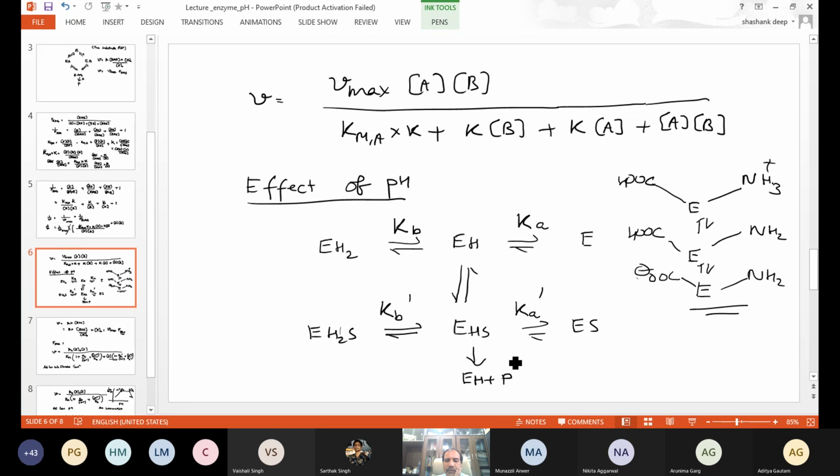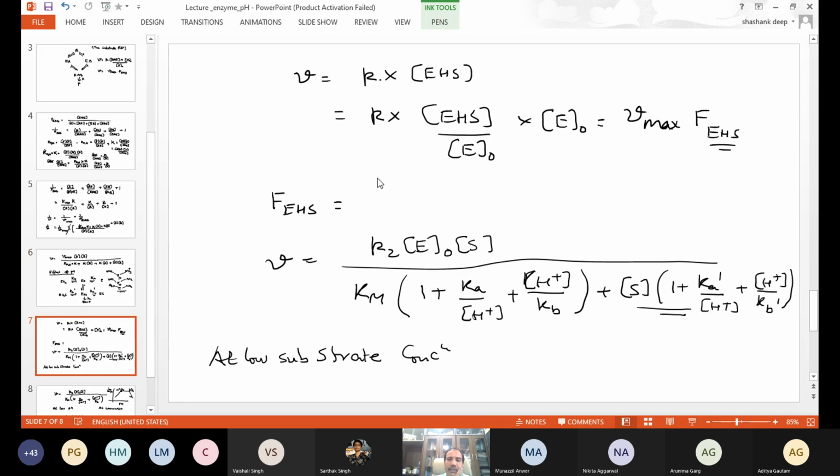If you remember, V is equal to, let's take this as K2, K2 into EHS. Then I multiply by E naught and divide by E naught. What I need to calculate is the fraction of EHS. If I can calculate the fraction of EHS, then I can see the effect of H plus ion, pH.